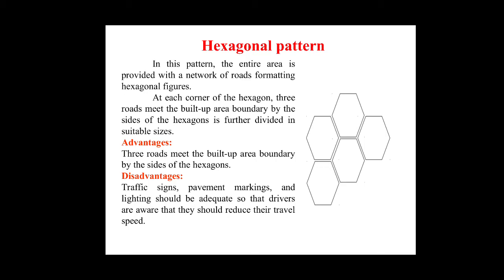The built-up area is bounded by the sides of the hexagon, which is further divided into suitable shapes. The advantage of this pattern is that three roads meet at each corner, giving three different lanes for travelling.